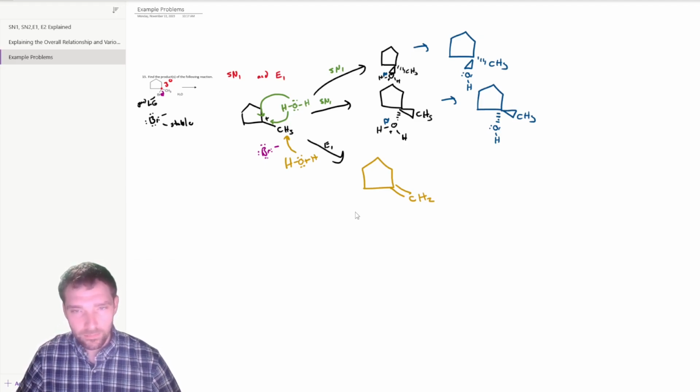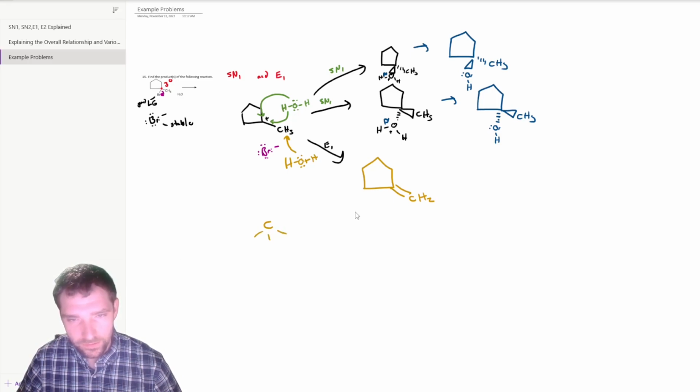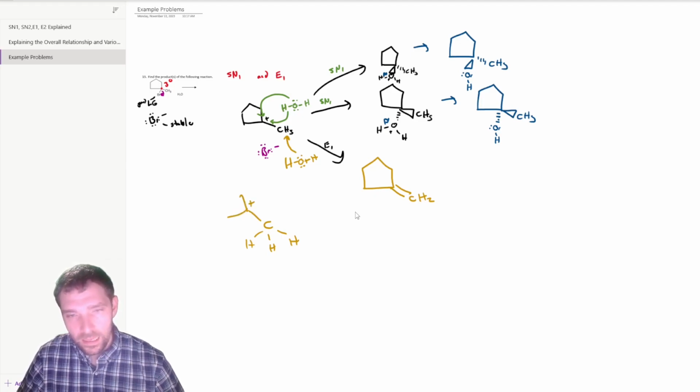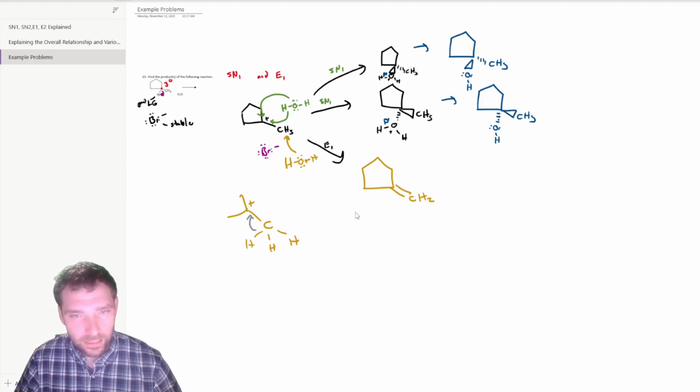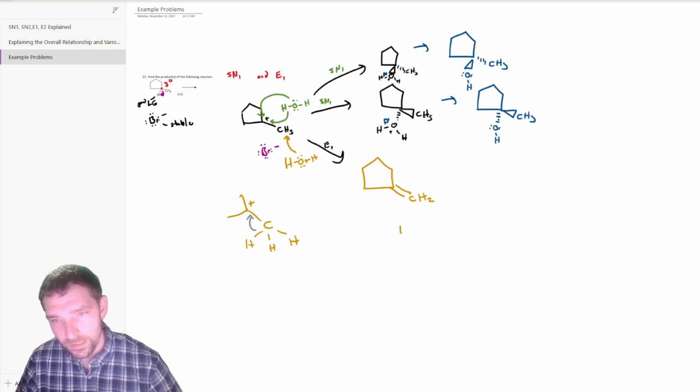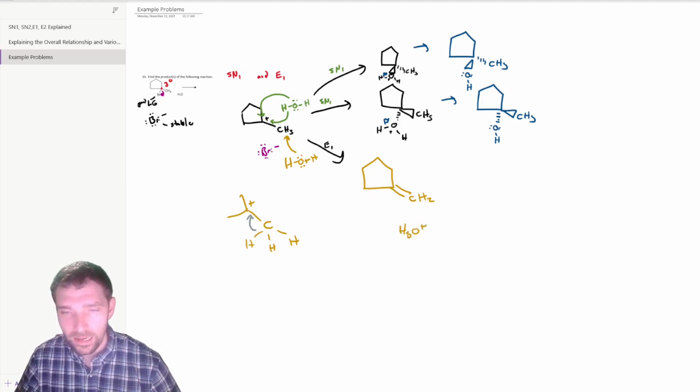You can think about the mechanism as: you have this carbon with these hydrogens, and it's going to have this plus next to it. One of these hydrogens will come down there, and the water takes it, and you're left with this H3O plus and the double bond.